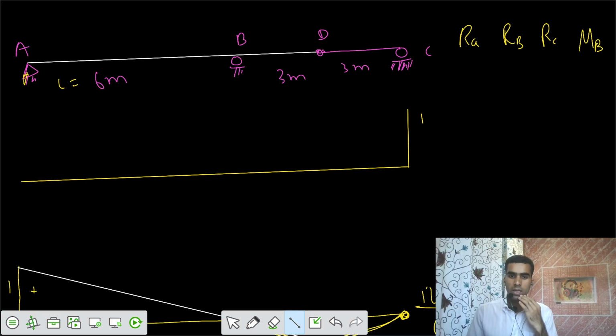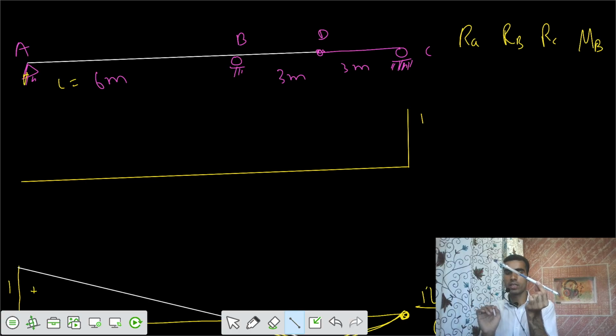Because we have an internal hinge here: support A, support B, internal hinge D, support C. So let's forget about point A now. We have support B here, internal hinge, support C. So for the reaction at C, you remove the support C and apply unit displacement. So once you apply the unit displacement, this is the profile.